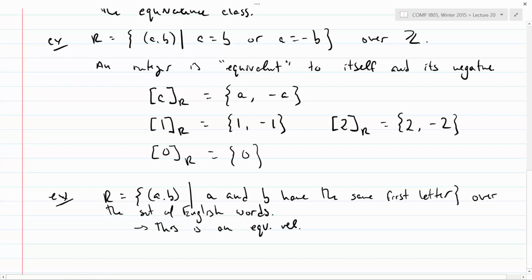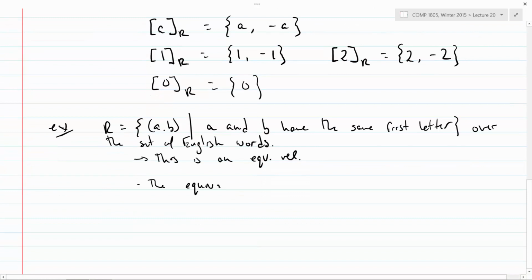Which is nice. And what are the equivalence classes of this relation? What are the equivalence classes of R? Yeah? Words starting with A, words starting with B, words starting with C. Yeah, exactly. So one class is the set of all words in English that start with A. Another class is the set of all words in English that start with B, then C, then D, and so on.